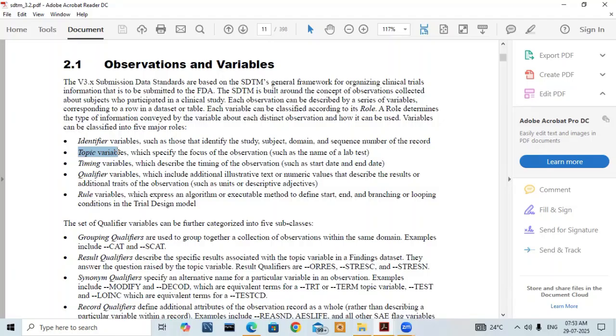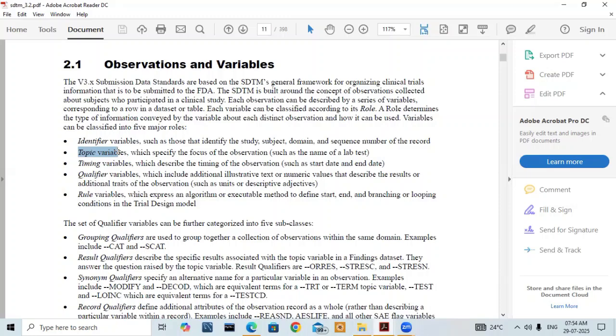For example, if we take the vitals domain. Vitals means we are collecting information like blood pressure. So we are performing a test, yes or no? To collect the vitals, we are performing tests like blood pressure, height measurement, weight measurement.